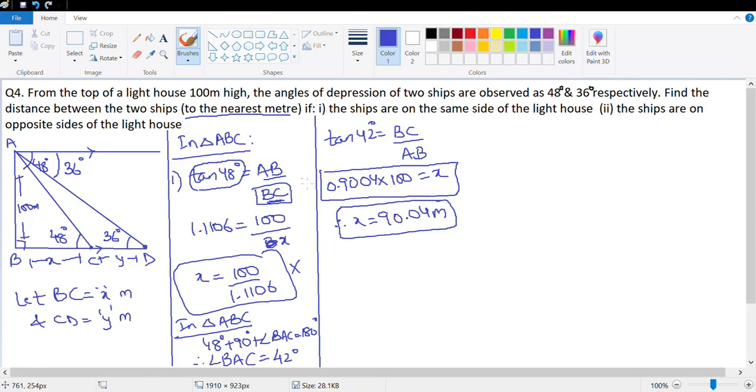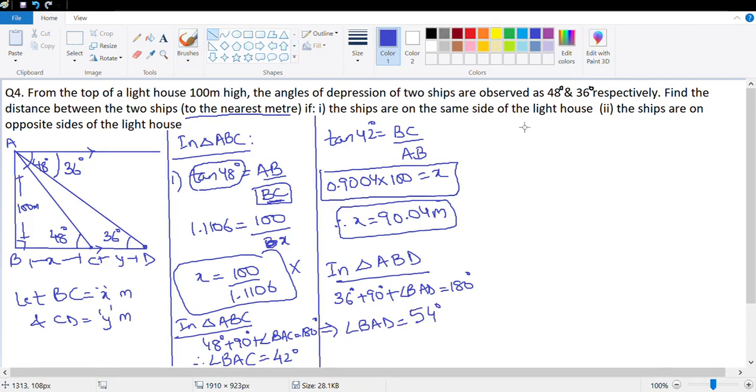Done. Let's look at the second triangle. So in triangle ABD, again I notice this is 36 degree and I would end up having X plus Y in the denominator. So this is 36 degree plus 90 degree plus angle BAD is equal to 180 degree, which means angle BAD will be equal to 180 minus 126, which makes it 54 degree.